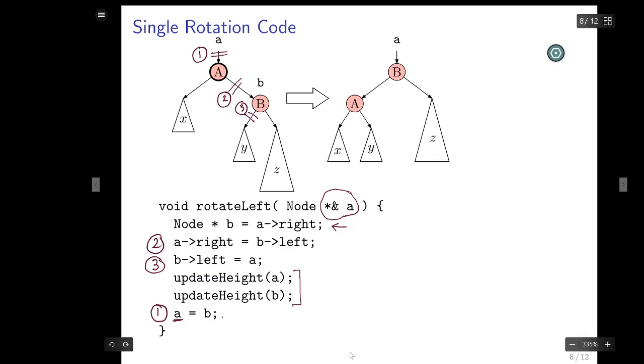What it points to has a field in it called height, which update height is changing in the node. So it's going to be the correct height, but its name now changes from being pointed to by B to being pointed to by A. B actually just goes away, it's a local variable.